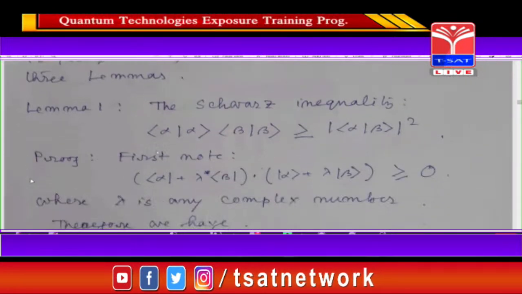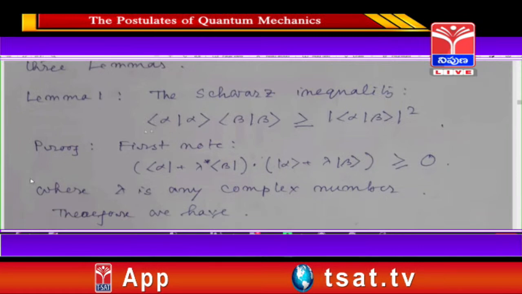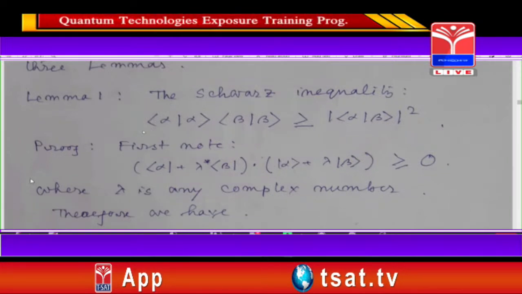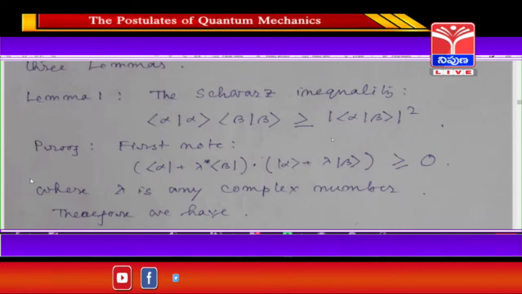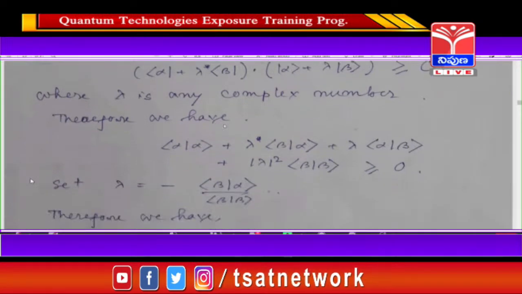To prove this, we need the Schwarz inequality that we have already proved, which in vector bracket notation is ⟨alpha|alpha⟩⟨beta|beta⟩ is greater than or equal to |⟨alpha|beta⟩| square.